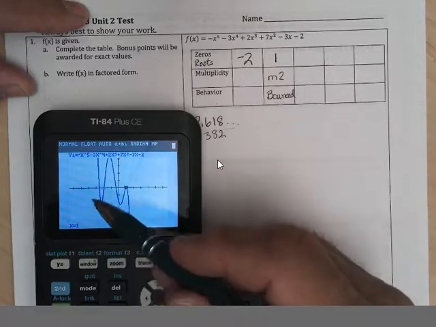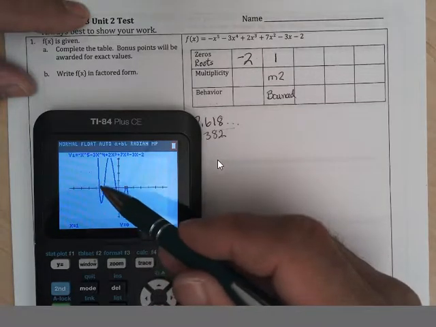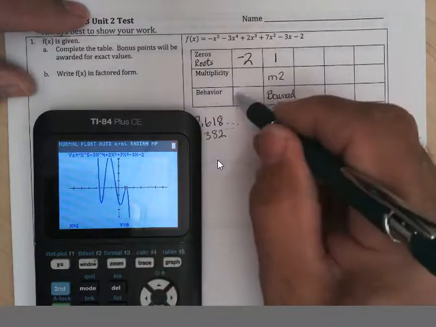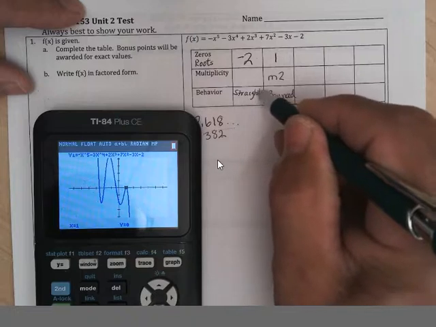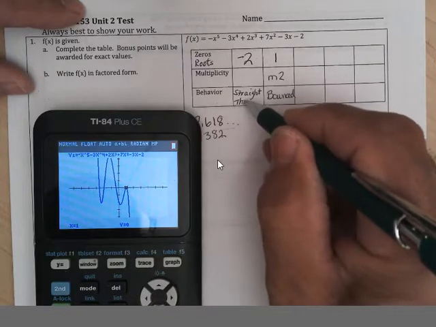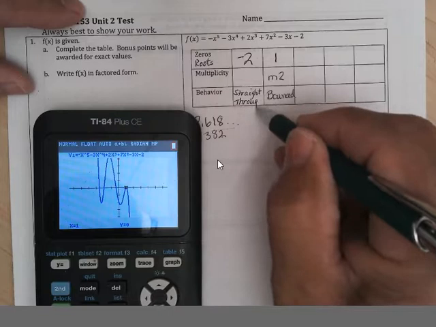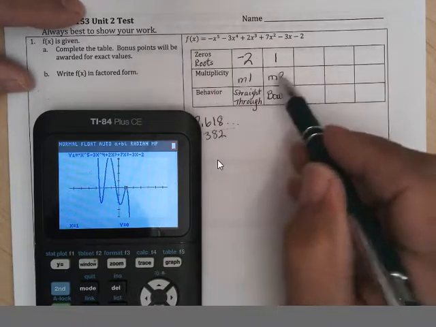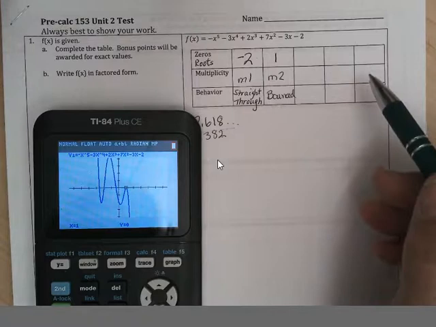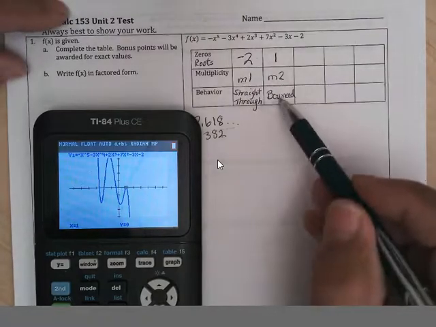And at -2, it went straight through, so it tells me that it's a single root, multiplicity 1. Now you don't have to put the m's, but that's what I'm saying here. So that's how I'm determining these.